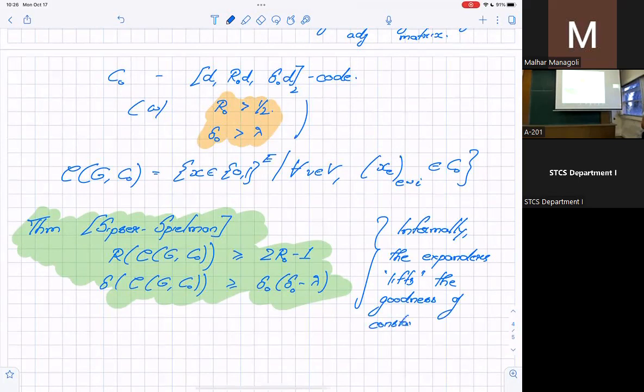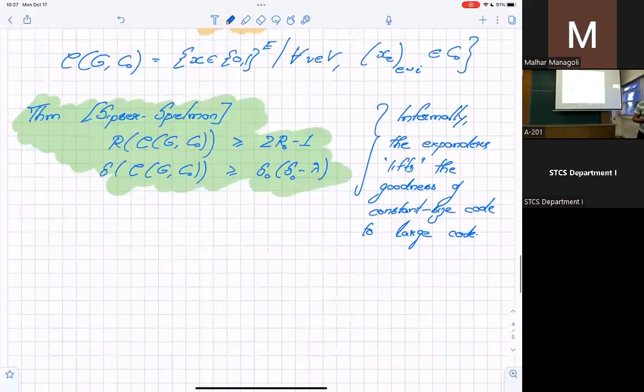This is just informal. The reason I'm stating this is that we'll see more examples of this in the second part of today's lecture.